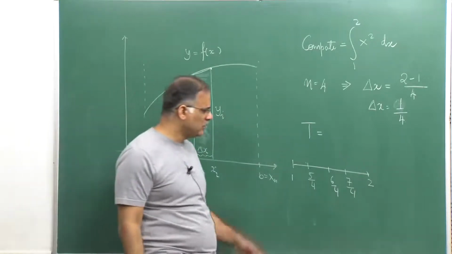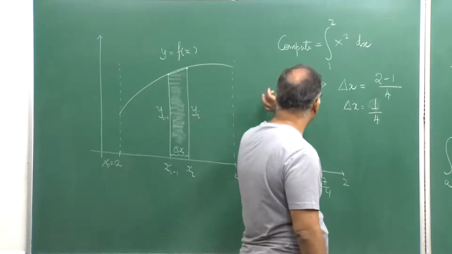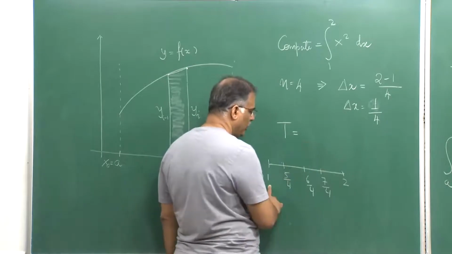So, we have divided it into 4 intervals, 1, 2, 3, 4, so we need 5 points.